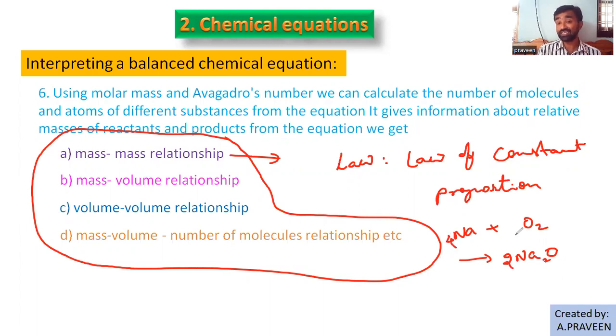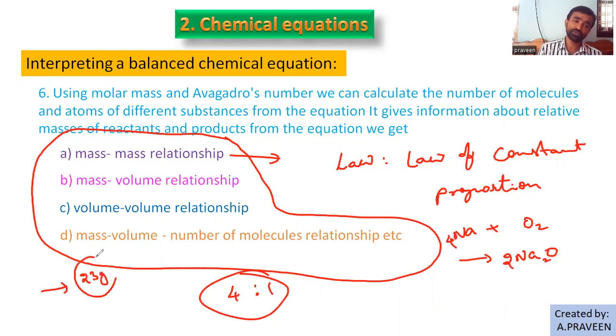So see the ratio of molecules of reactants. Sodium 4 parts and oxygen is 1 part. So 4:1 ratio. Suppose 23 grams of sodium is left in the air, right?